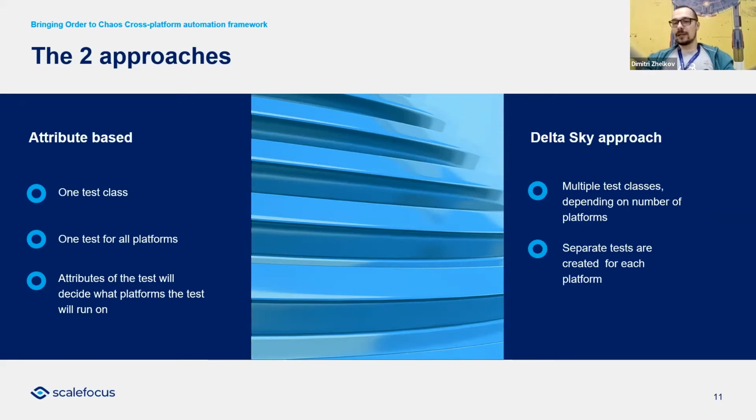The thing with this one is that we would have one test class and one test for all the platforms. And the attributes of the test itself, if you're on Java, it's the annotations, will decide what platform the test will run on. So we will just put different tags on the tests themselves, and those tags will decide on which platform we would have our test run.